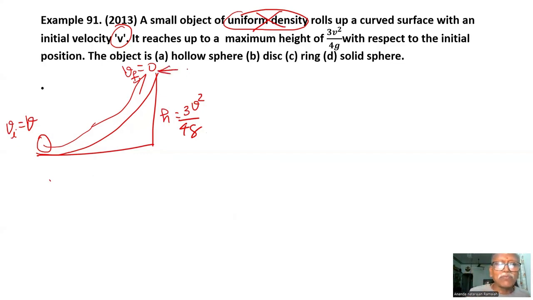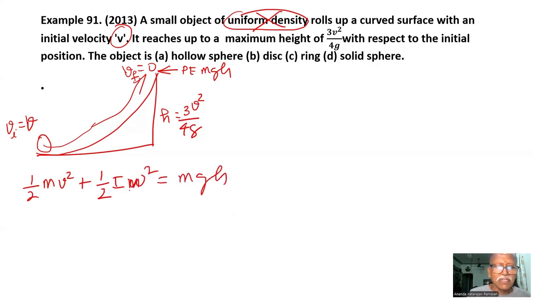What is the potential energy? mgh. What is the change in kinetic energy? Initially it is v, finally 0. Final kinetic energy is 0. Initial kinetic energy we know is half mv square plus, since it is rotating, half I omega square, equals mgh.